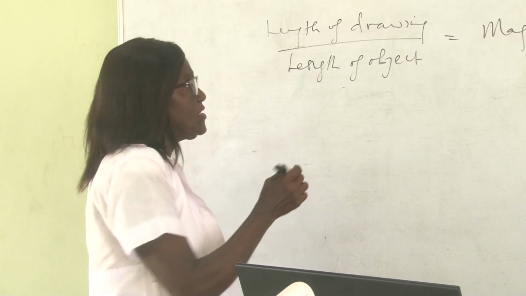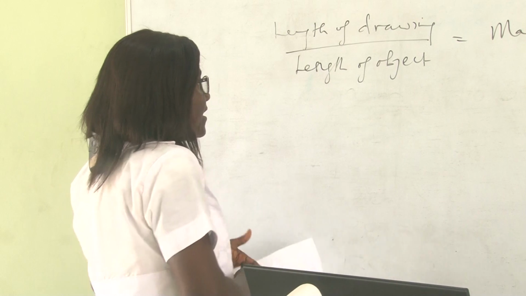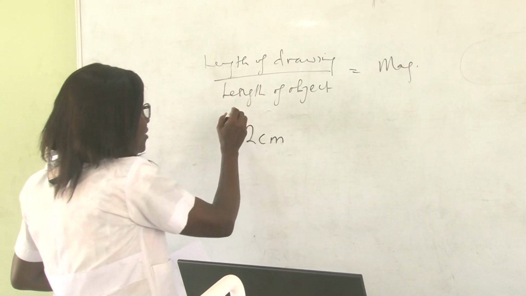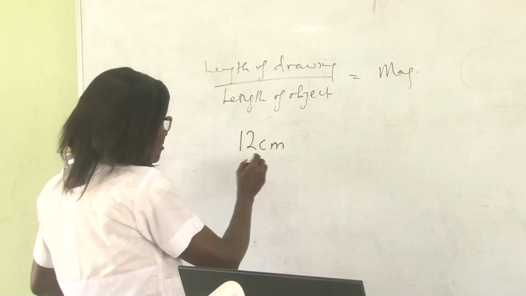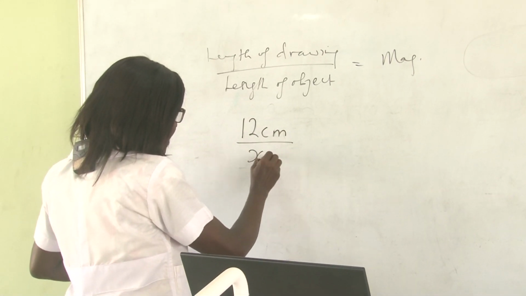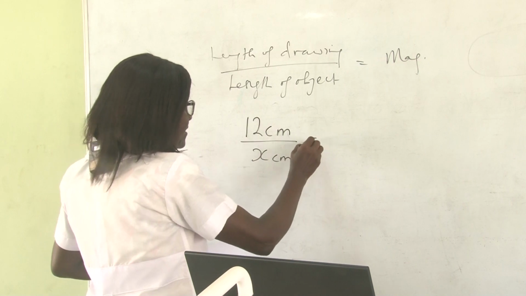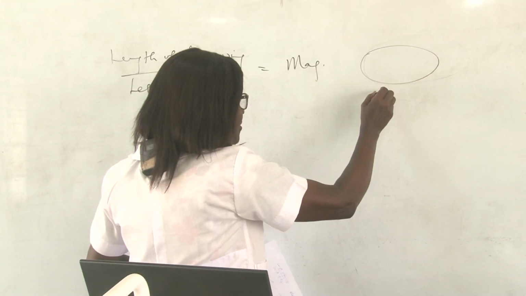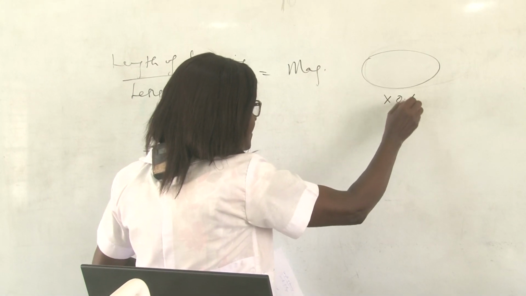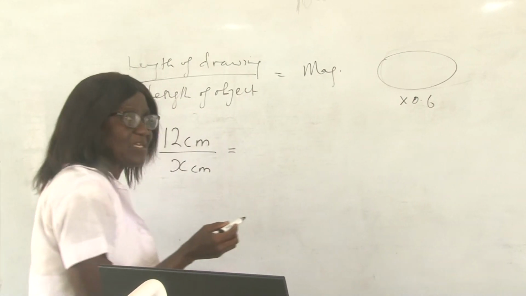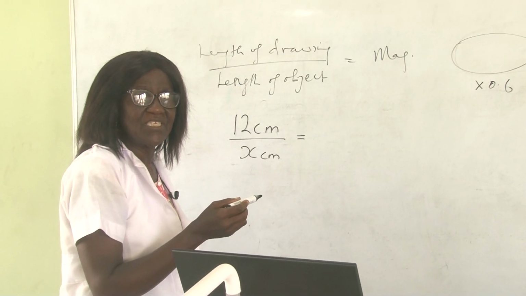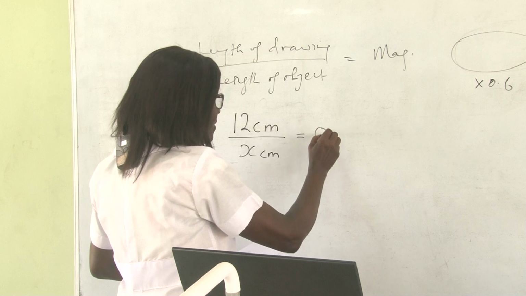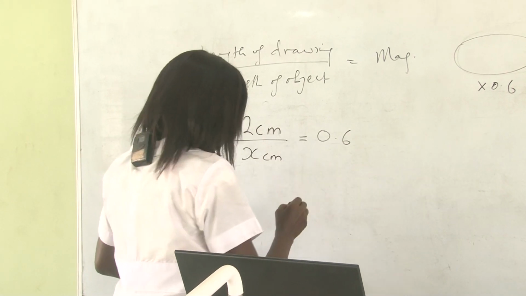The student had the length of the drawing as 12 centimeters. We are looking for the length of the fish, so we say it's x centimeters. The student drew the fish and wrote times 0.6 beneath it, so the magnification is 0.6.